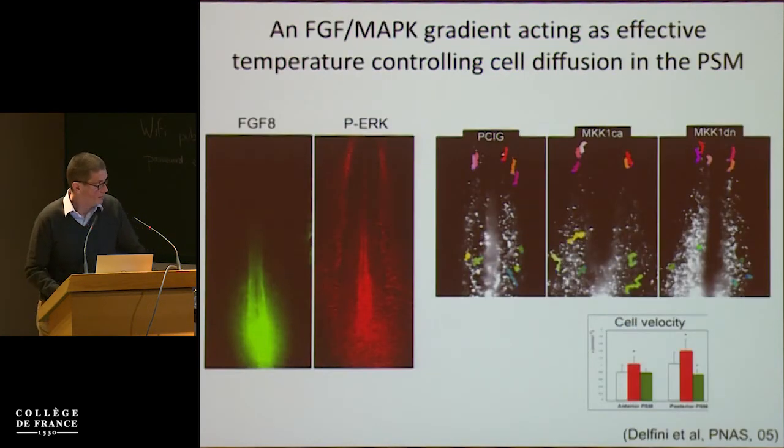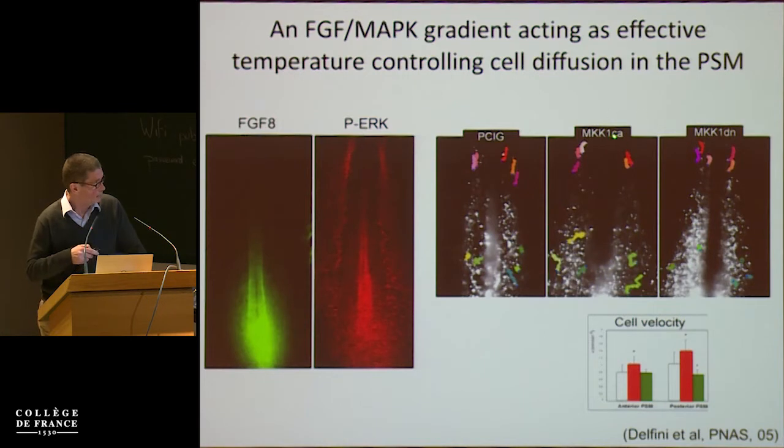And so this gradient of random cell motility was parallel to a gradient of signaling of the FGF, the fibroblast growth factor pathway, which you can see here, which peaks in the tail bud and decreases progressively as you move along the presomitic mesoderm. This is phosphorylated ERK, which is expressed in response to FGF signaling, which also shows this gradient. And with Marie-Claire Delfini, we had shown that this gradient controls the motility of the cells in the presomitic mesoderm.